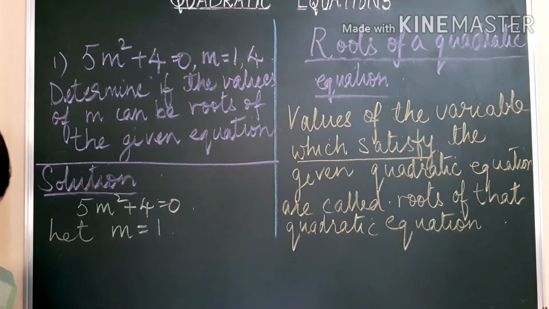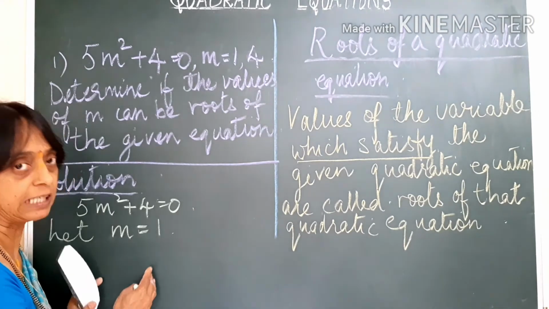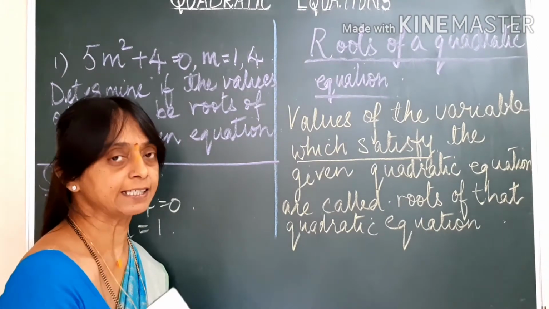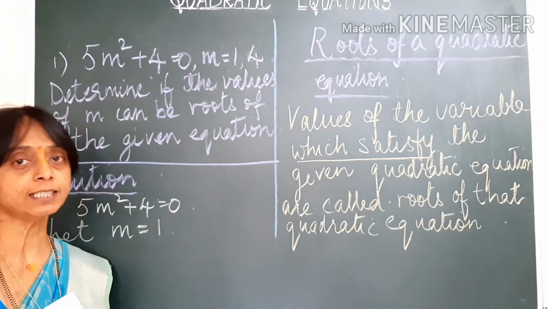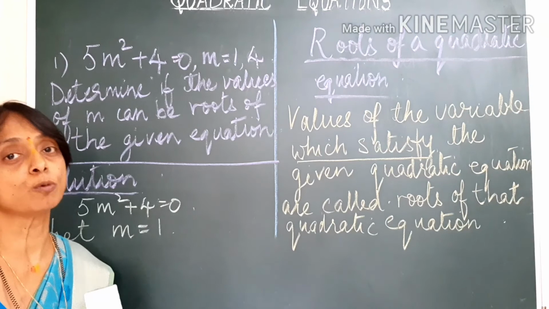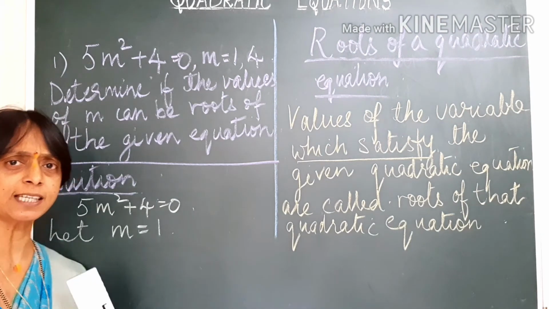That means if both the answers that you get on your left hand side is equal to the right hand side, then the given value is the root of the given quadratic equation. So let's start, children.